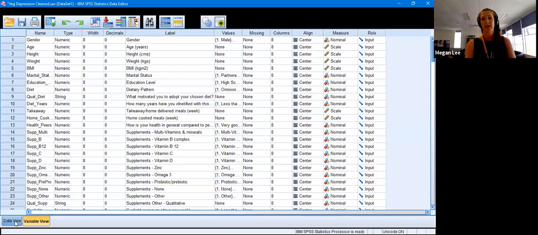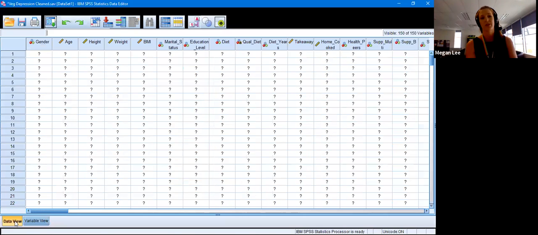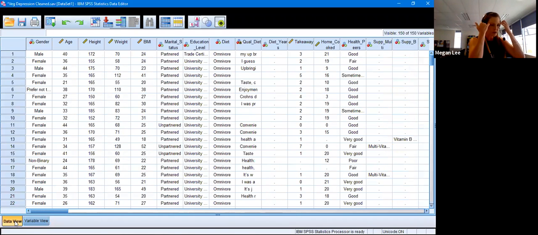After cleaning our data set, making it all nice and neat like this, the next thing that we do is our descriptive statistics. And when we're doing our descriptive statistics, we're always thinking about whether these variables are significant or not. If they are significant, we would then add them to our model.